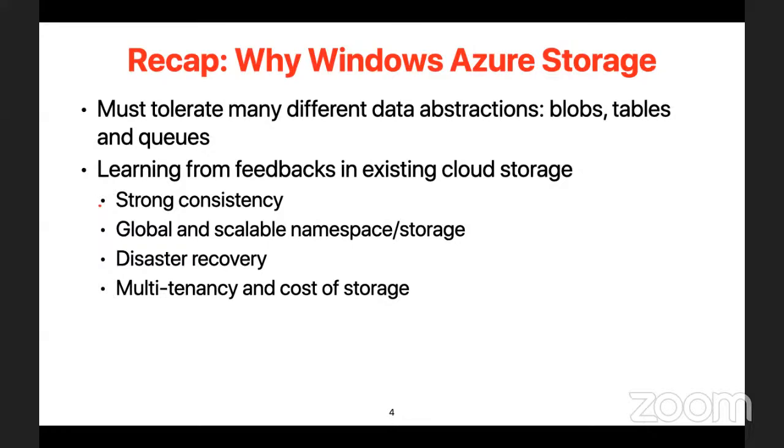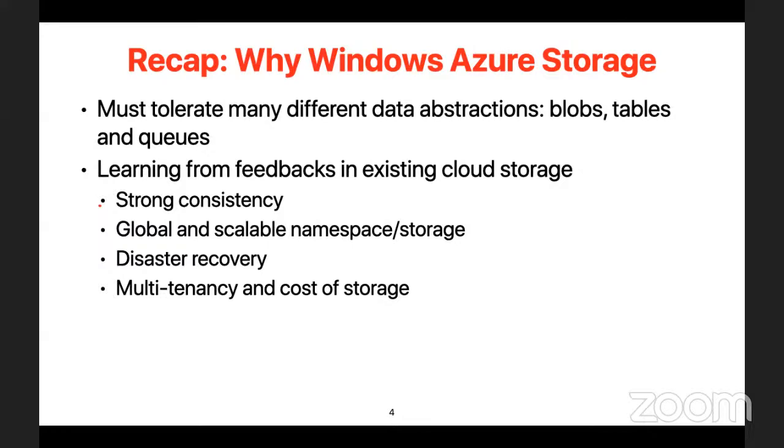Can you deal with that for us? So their data center must support strong consistency. And their customers are enterprises located everywhere, so global and scalable namespace storage and disaster recovery are features that need to be there, right? Finally, because it's still a company, they want to make money.